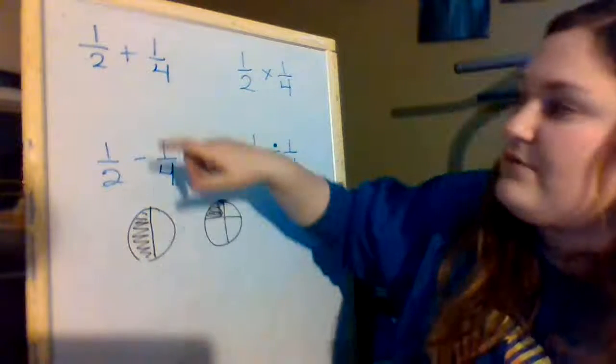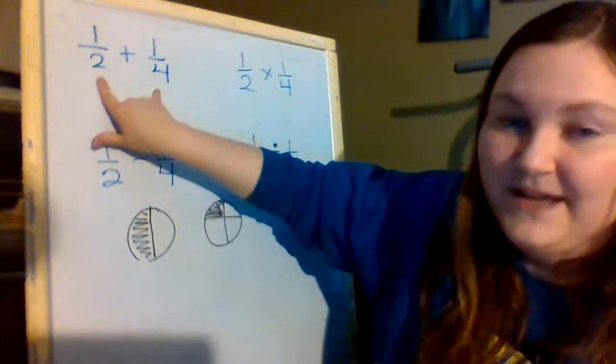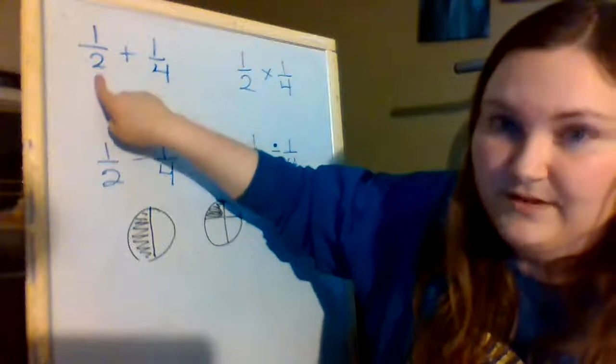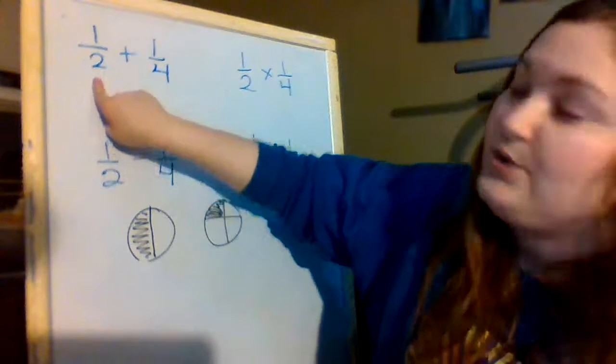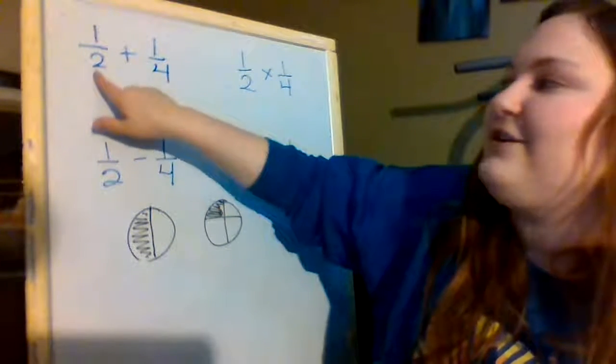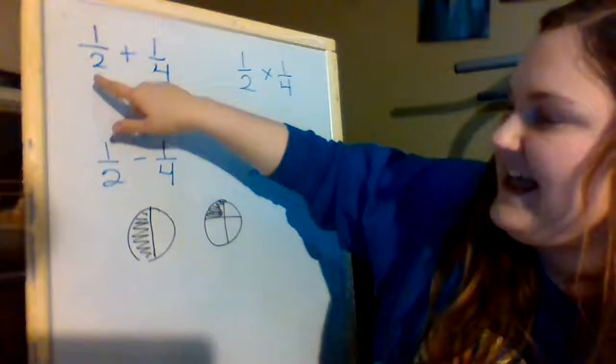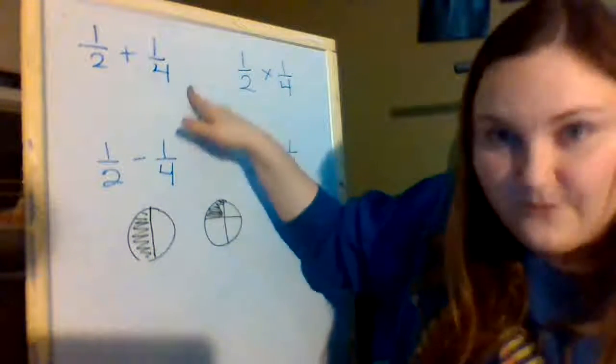The way you change these denominators to be the same is usually we look at the smaller one and see if we can use multiplication to make the smaller one look like the larger one. I notice when I look at the 2, I know my multiplication, so I know 2 times 2 is 4.